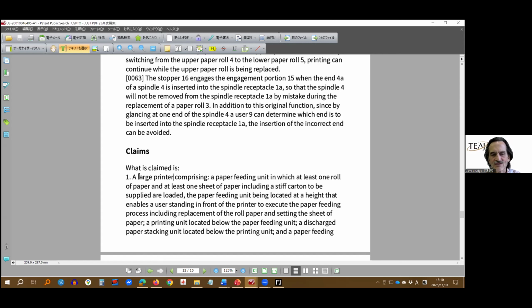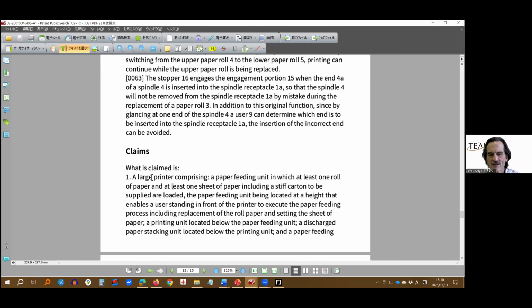The reason this was not rejected is because the printer is the device itself that is being claimed. So whether it's large or small is not important to interpreting the claim. It's just a name for the printer.